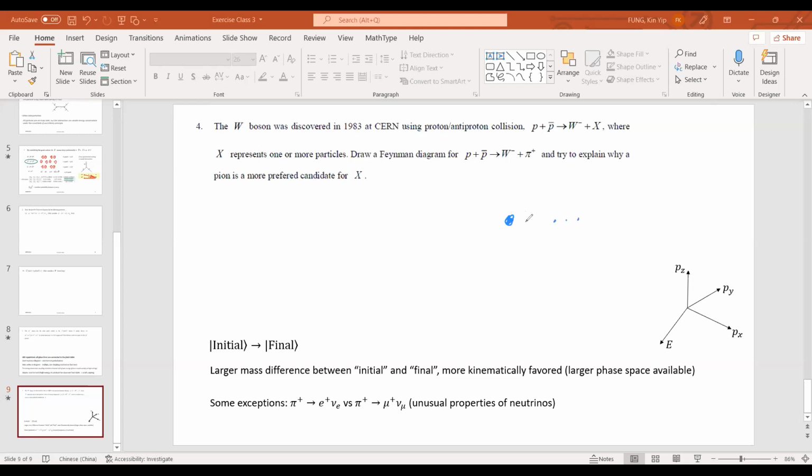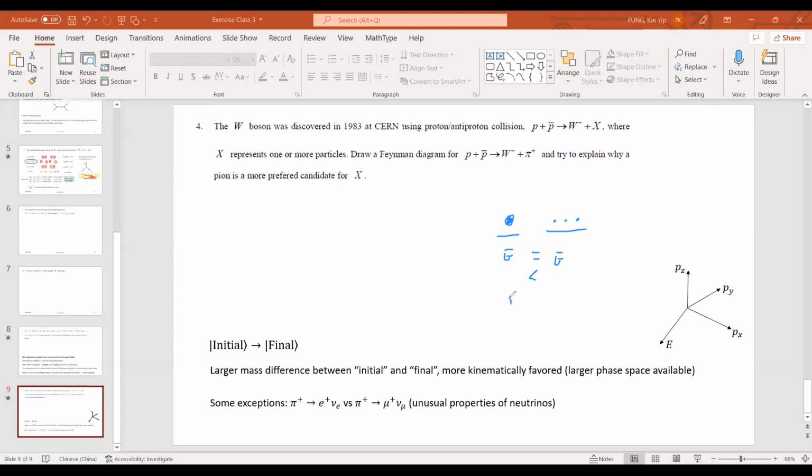If the mass difference between the initial particle and the final particles is small, then the final states have very little choice in the energy, because the energy has to be conserved. They cannot have very high energy.